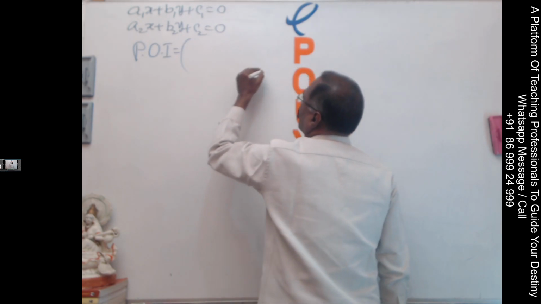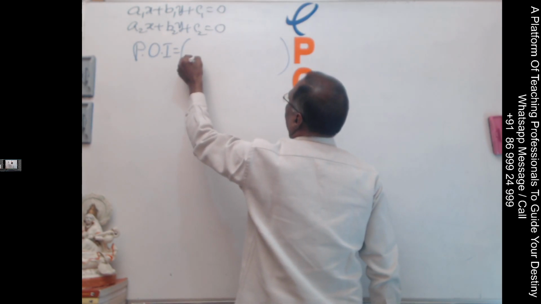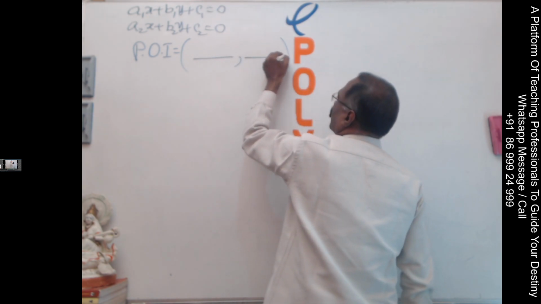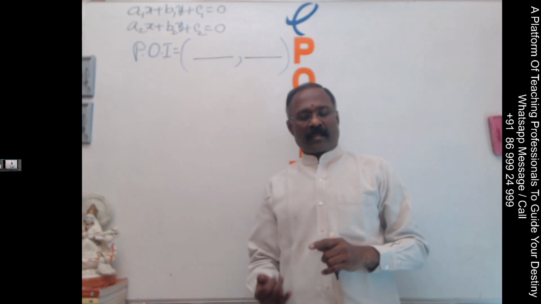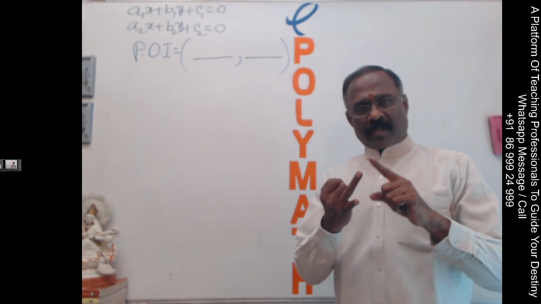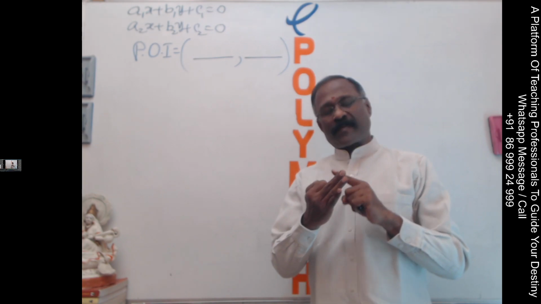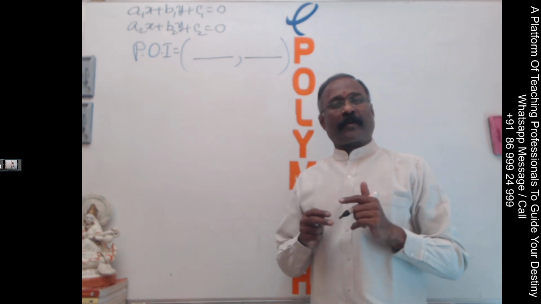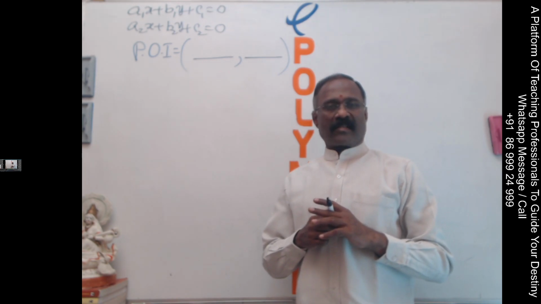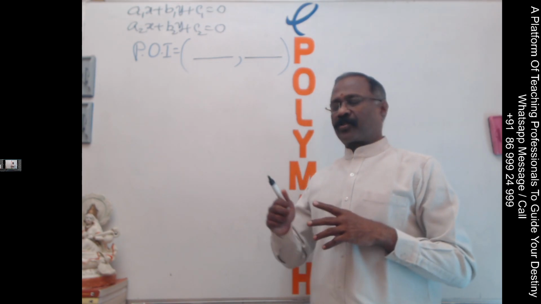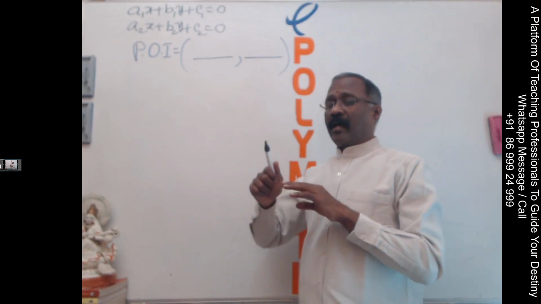I'm not elaborating this, but in your 10th class itself you learned the elimination method, substitution method, and cross multiplication method. I am taking the cross multiplication method to write the answer directly. In the point of intersection, the denominators of x and y are one and the same.